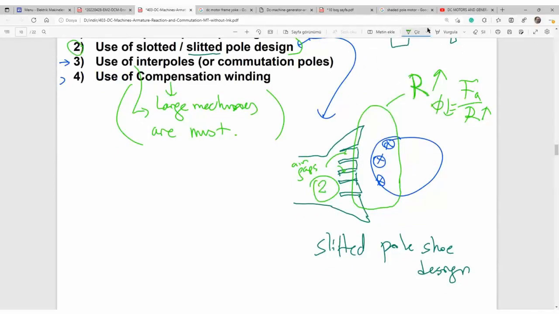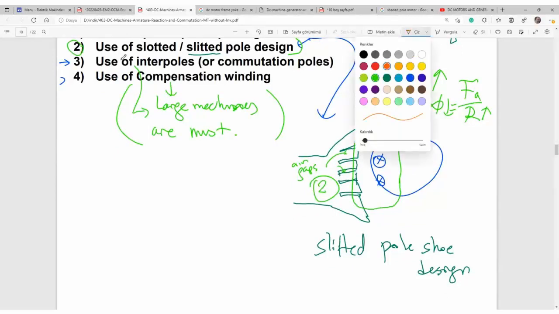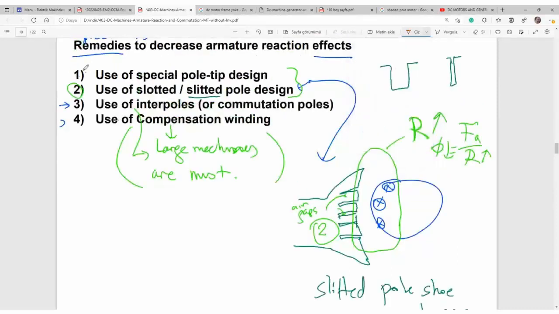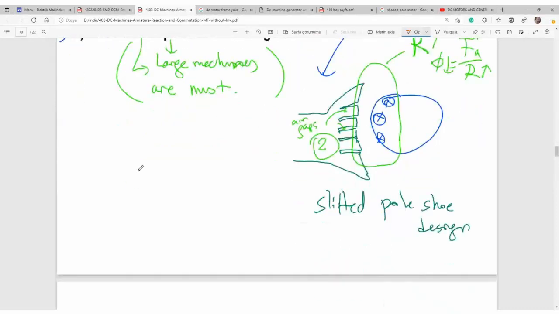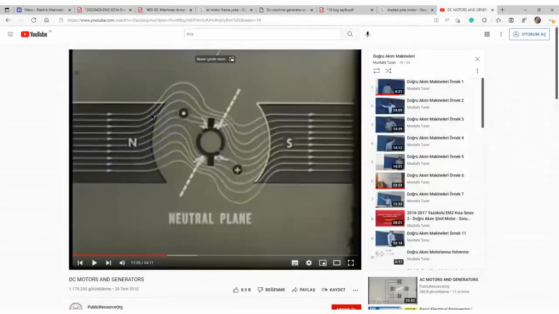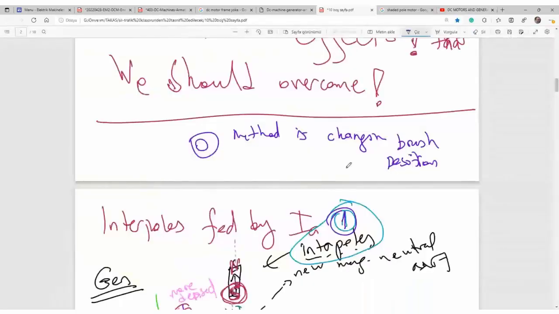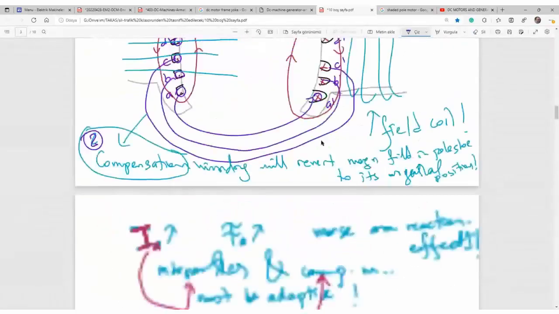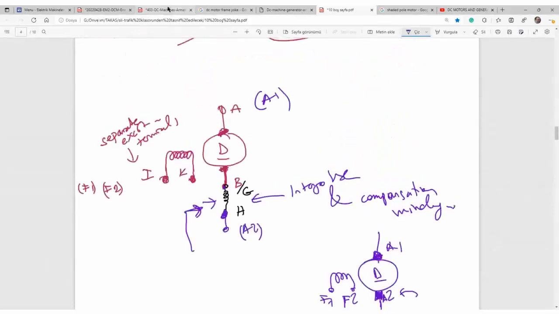Let me change color for the first one, orange. Special pole tip design. Here you see magnetic field lines are reverted to the up here. So we should push such magnetic field to the down. How can you manage this? There is an old method.